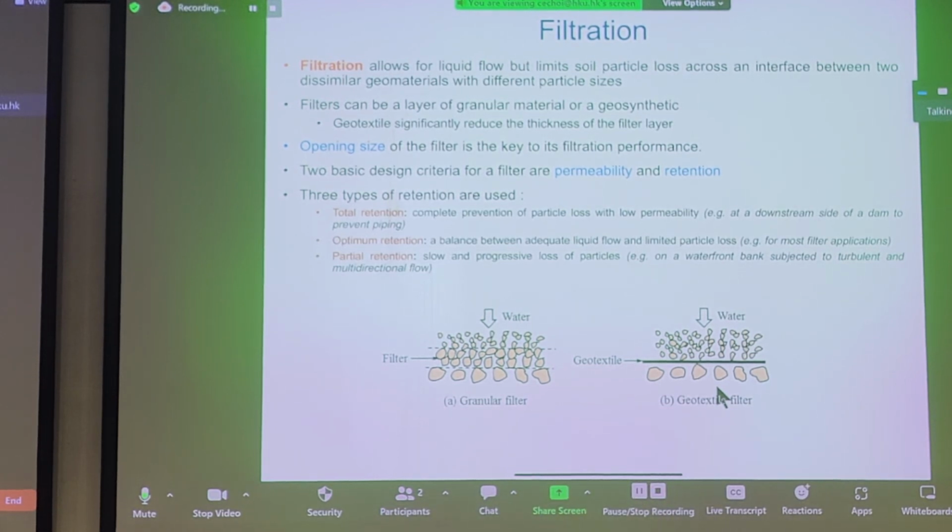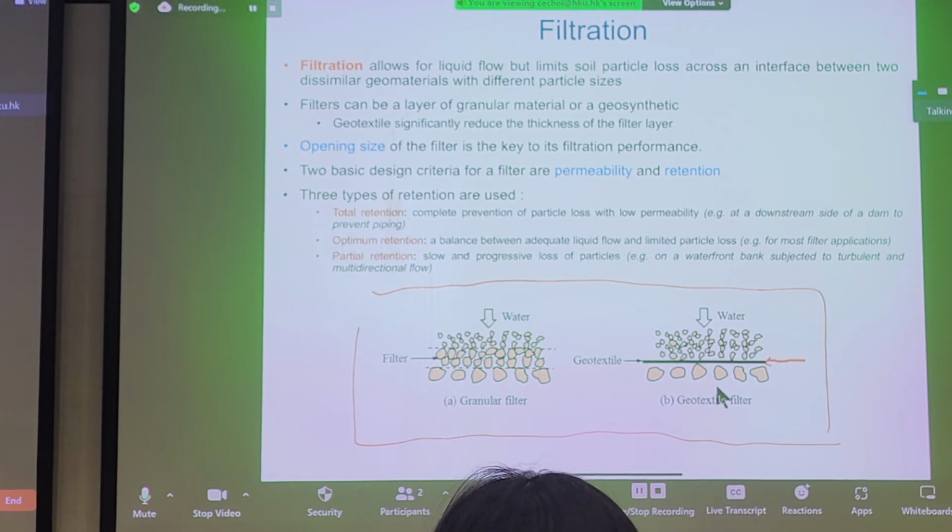Now, if you look at this picture quickly at the bottom, you can quickly see the advantage of a geotextile. You have a very uniform and very thin layer, but if you try to create a filter using soil, it's much thicker, and you could be susceptible to constructability issues, non-uniform thickness.